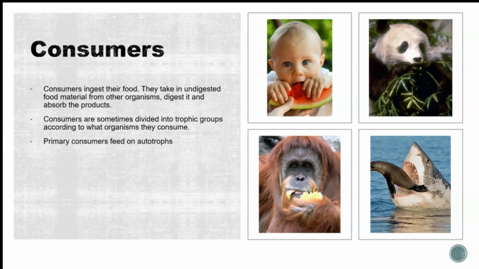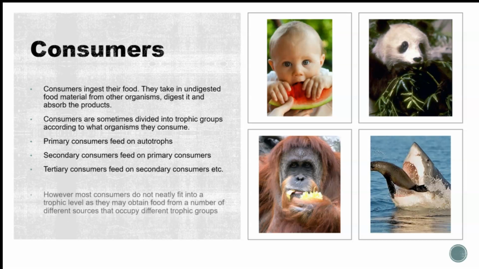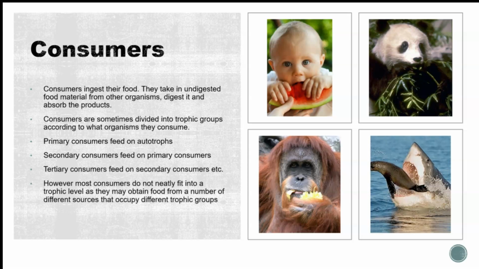Primary consumers feed on autotrophs. Secondary consumers feed on primary consumers. Tertiary consumers feed on secondary consumers, etc. Now, you would have done this back in Year 7 science. However, most consumers do not neatly fit into a trophic level. So you would have looked at basic food chains and food webs, and nothing is ever that simple with ecology, okay?